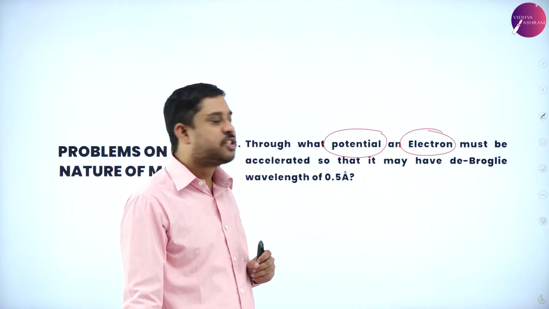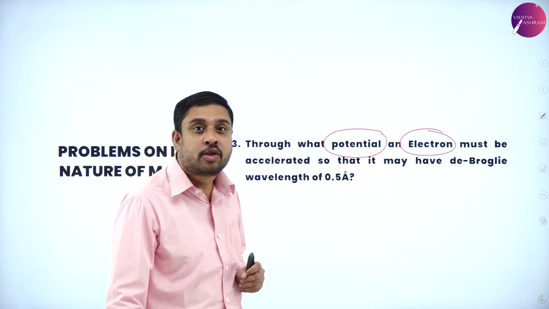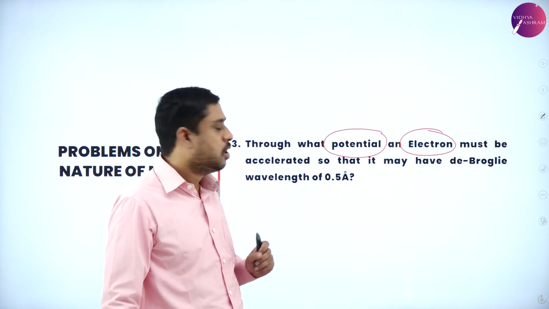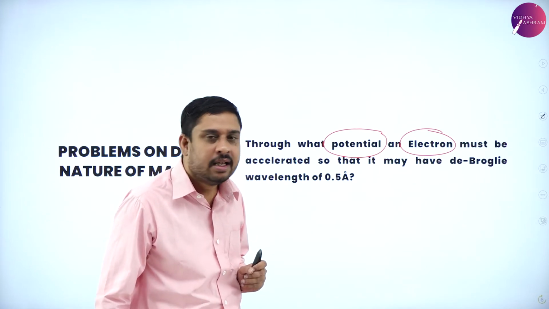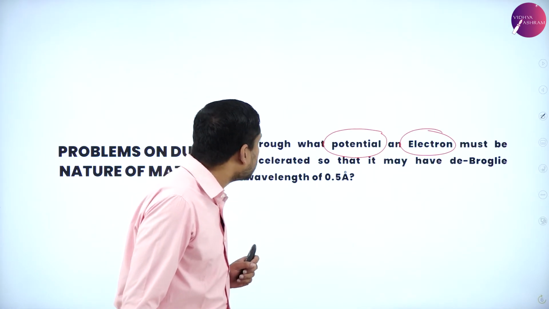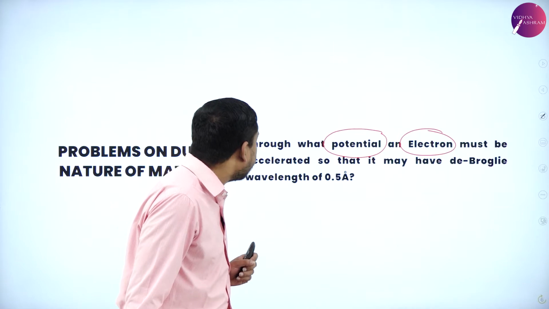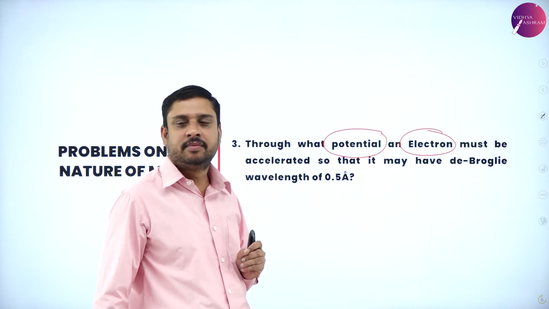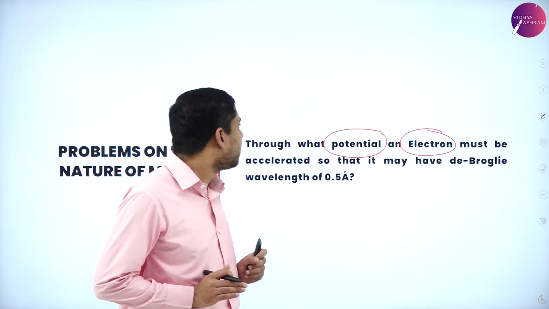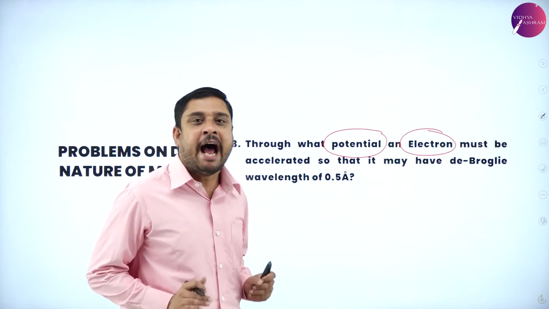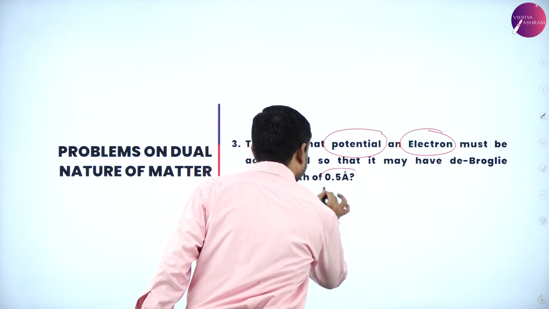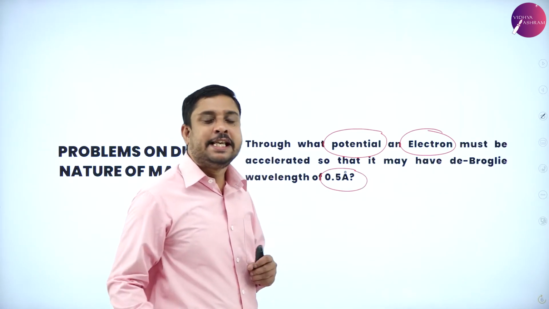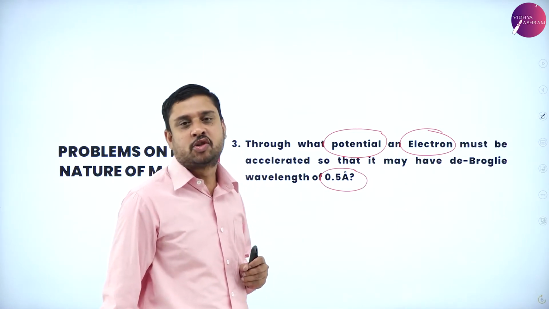The given charge here is electron. So through what potential an electron must be accelerated so that it will have a de Broglie wavelength of 0.5 angstrom.